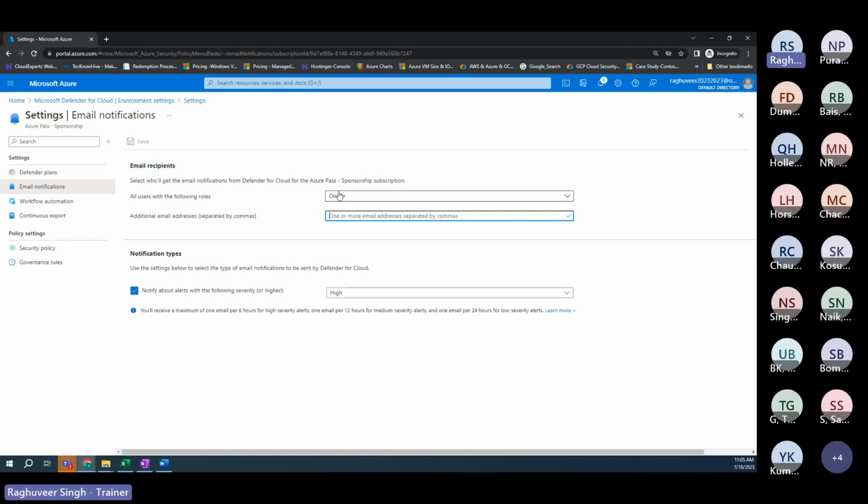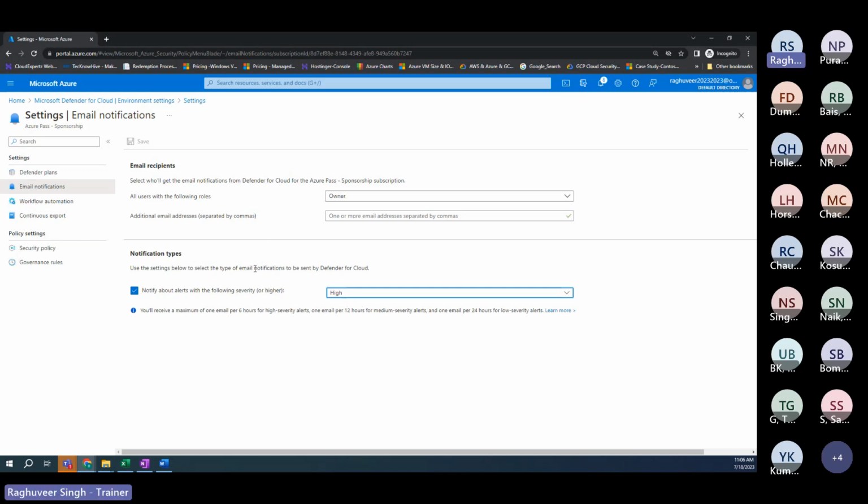Now, when you provide this email address, what kind of notification do you want to receive? It is already configured. You can see, notify about alerts with the following severity or higher, which is high. So you've already configured that you want to be notified from Defender, all the owners as well as this email address or this DL, whenever there is any alert or any event in Defender which has the severity as high.